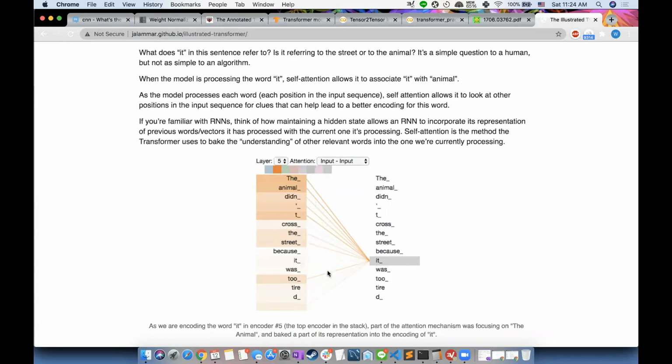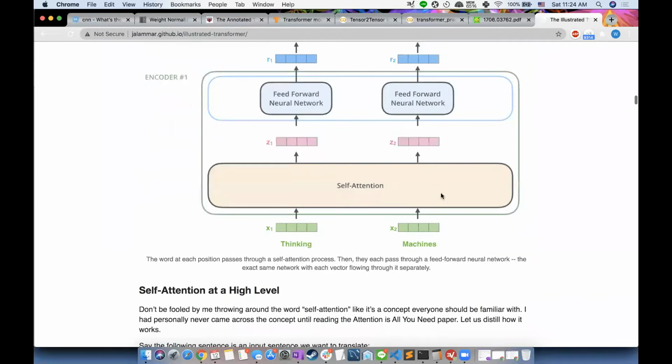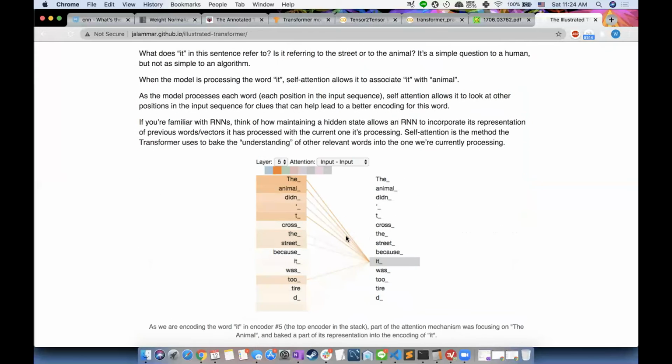These lines actually just mean, so remember I said multi-headed attention? Within each self-attention layer, there are actually different heads of attention. I will explain what that multi-head means. But right now, each head is represented by a line.